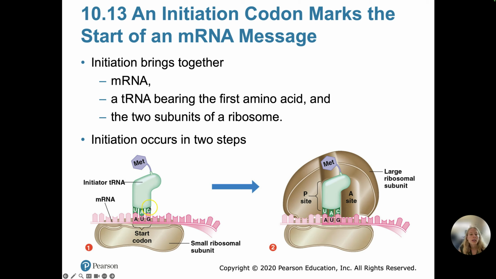That's how it knows where to bind, and it is carrying methionine. The second step is the large ribosomal subunit will now attach to this structure that we had over here. And that initiator tRNA carrying the methionine will go into the large ribosome's P site. Now the A site is open for the next transfer RNA to come into the large ribosomal subunit.